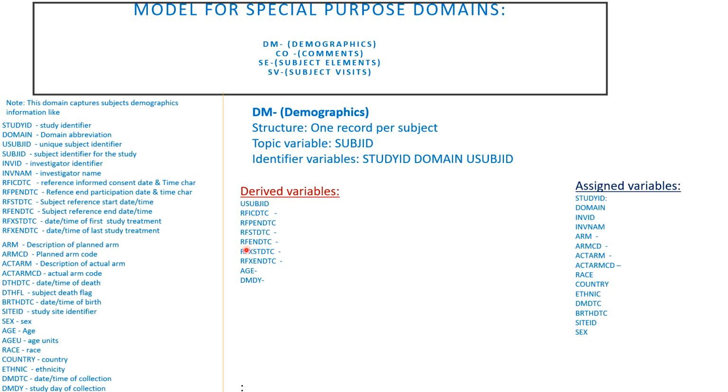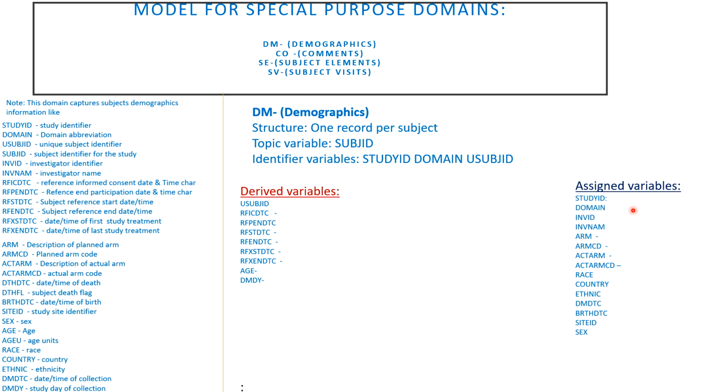So here I mentioned which variables are derived variables and which are assigned variables. First of all, what is the difference between derived variables and assigned variables? For derived variables, we have to write the code and derive the variables.